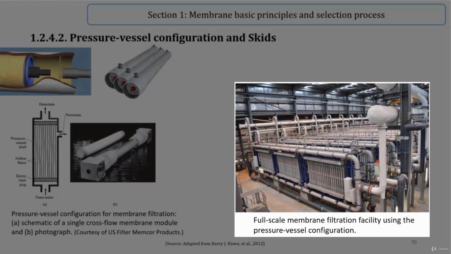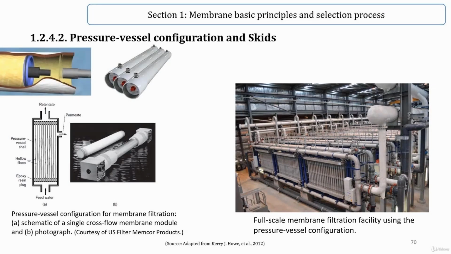Each module must be piped individually for feed and permeate water, so large skids involve a substantial number of piping connections. Feed pumps typically deliver water to a common manifold that supplies each skid. The feed pump increases the feed water pressure while the permeate stays at near atmospheric pressure.